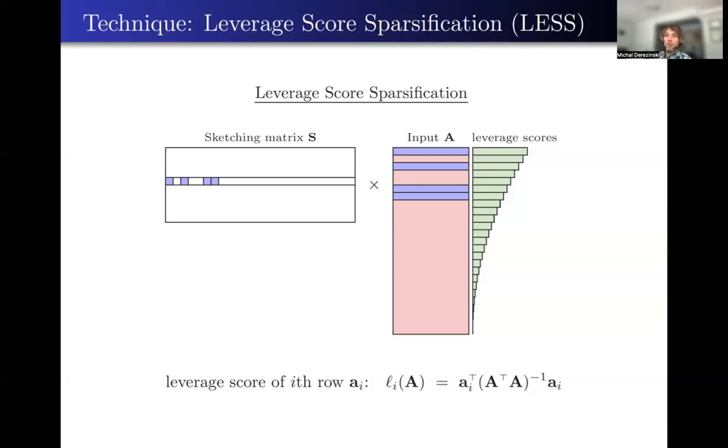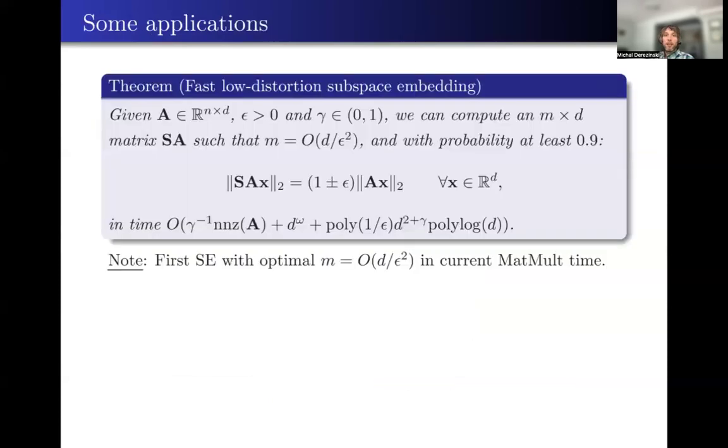Because there's much fewer rows here than columns, right? So it's extremely sparse.